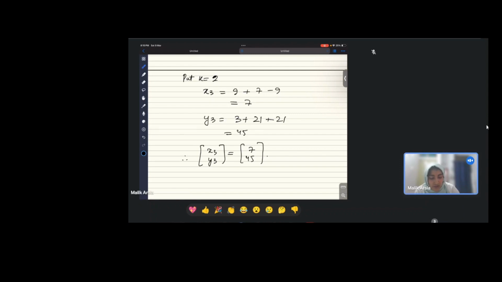A 2 by 2 matrix A is given and X vector, a column vector, is also given. Then the question is limit k tends to infinity A power k x.